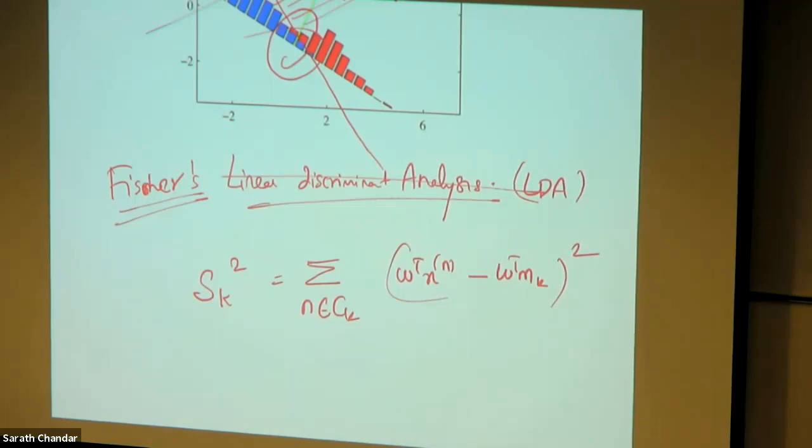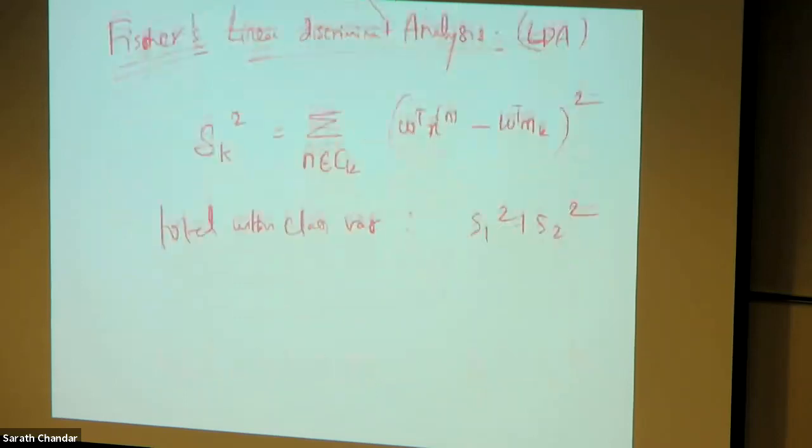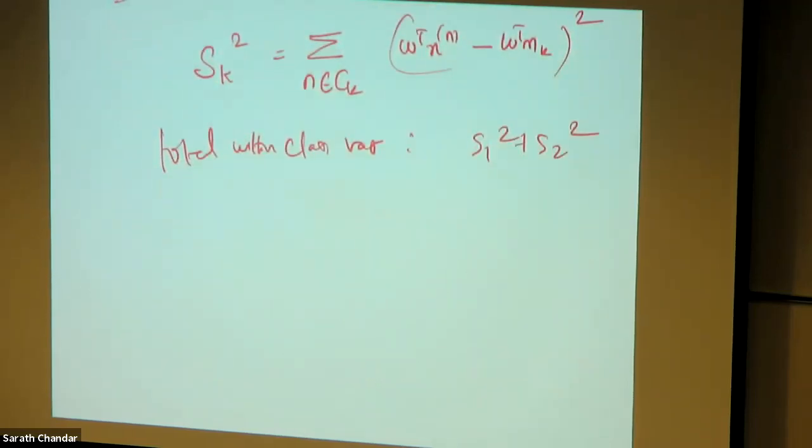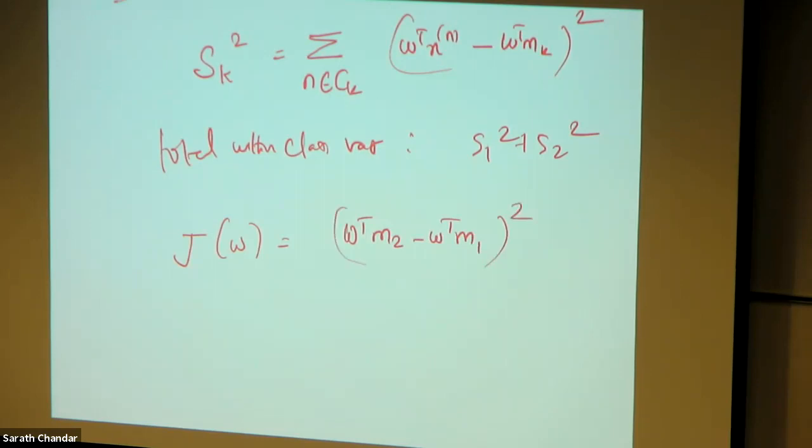When you have two classes, the total within class variance is given by s1 square plus s2 square. Is that clear? Now here is my new optimization problem. I'm going to maximize w transpose m2 minus w transpose m1 the whole square, divided by s1 square plus s2 square.